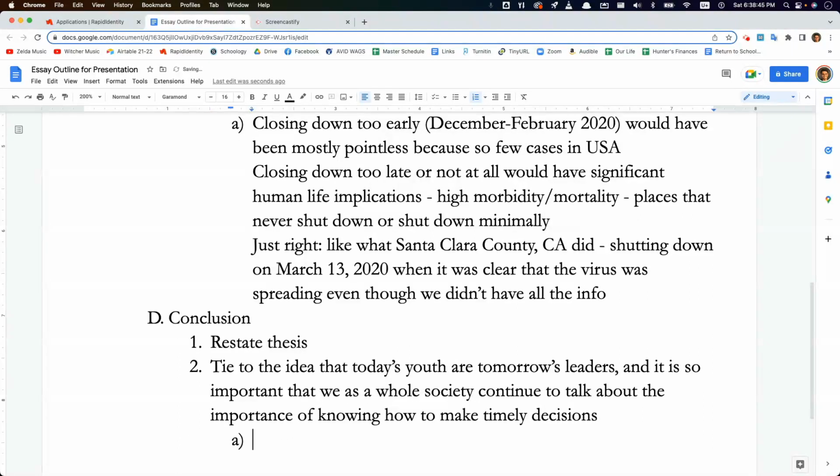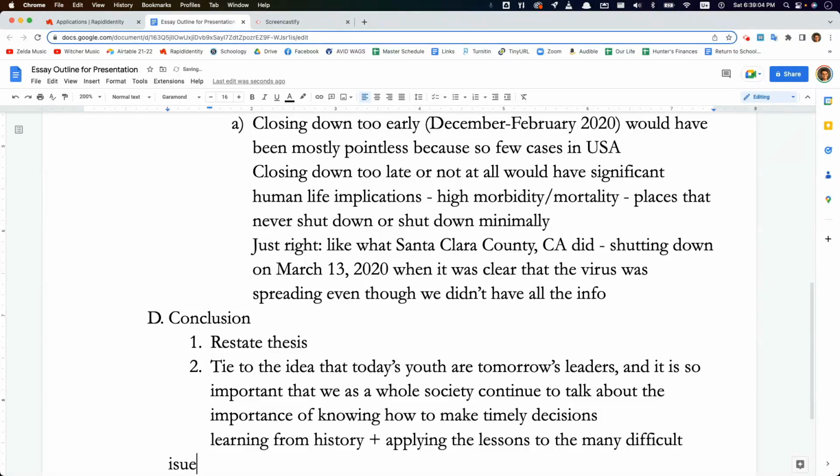I could even bring in this idea of learning from history. You don't really need an A there. I'm going to delete that. And learning from history and applying the lessons to the many difficult issues to be seen in the future.